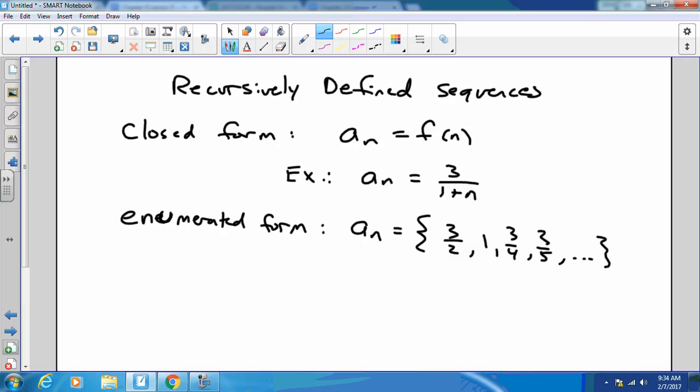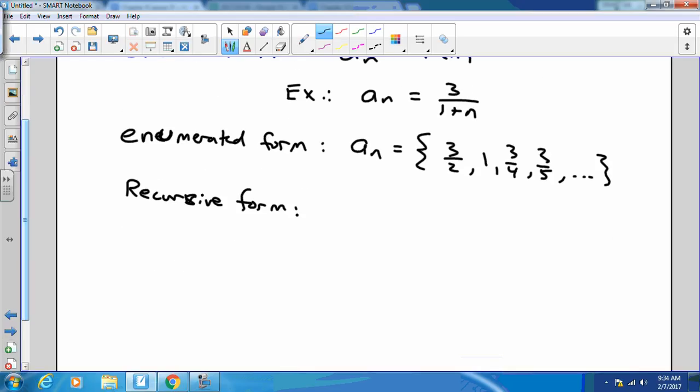And now we want to consider a third form, which is the recursively defined form. In the recursive form, you get two pieces of information. First of all, you get initial values, usually the value a sub 1.